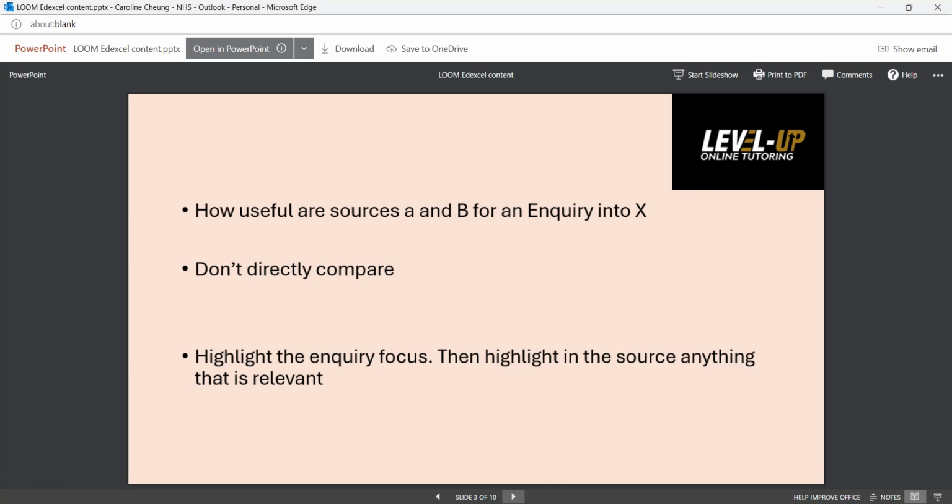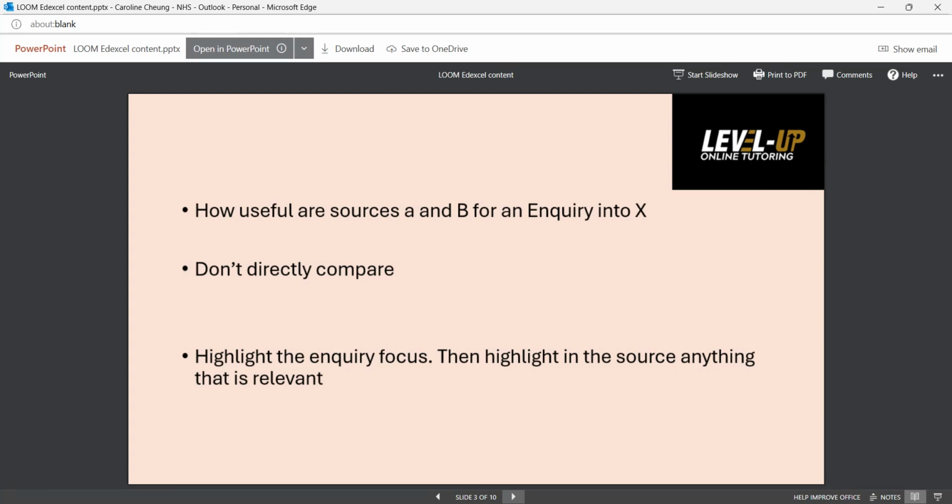In the exam, the papers are yours to play with. You can scribble over them, you can highlight them. The reason we do this is Edexcel can sometimes be quite mean with their sources. What I mean by that is they will give you a source that's 3 paragraphs long, but actually the topic you're supposed to be focusing on only appears at the end of the third paragraph.